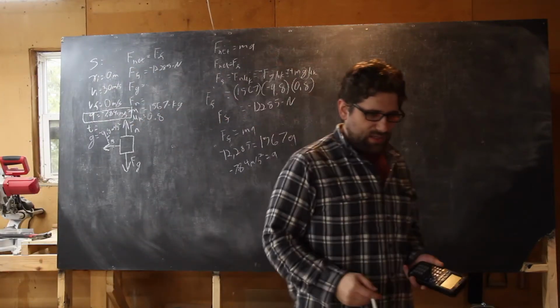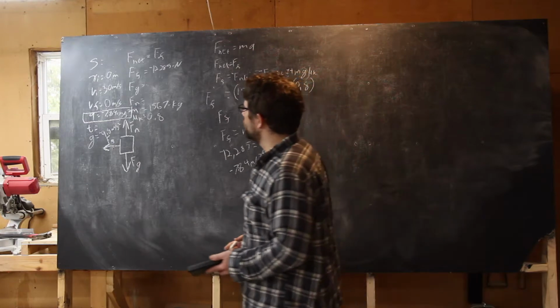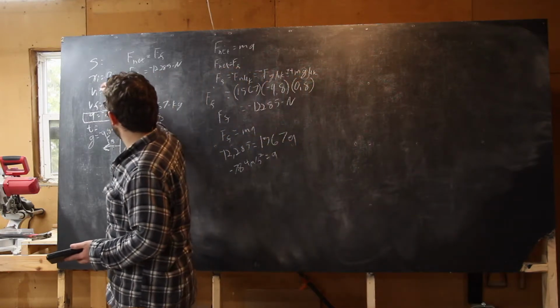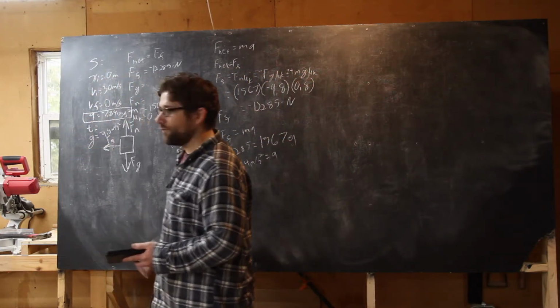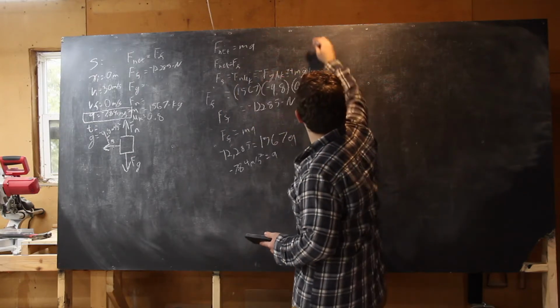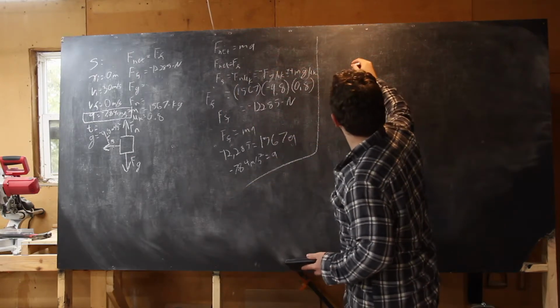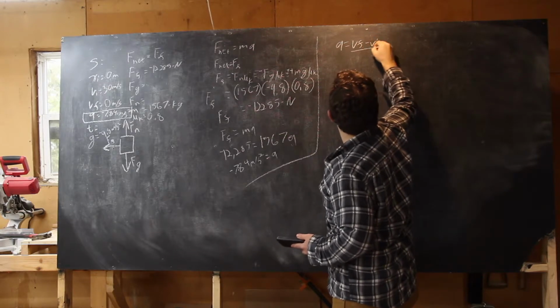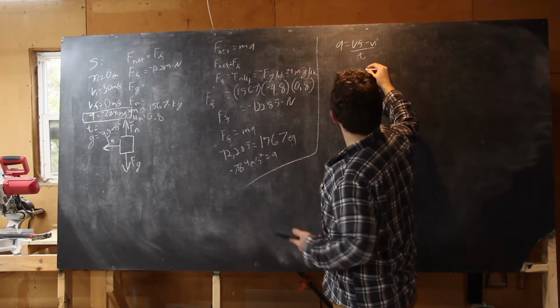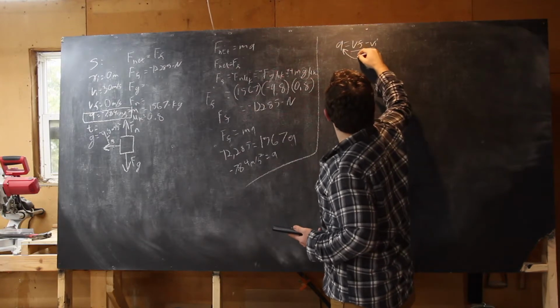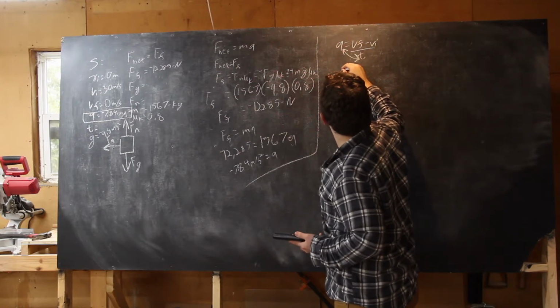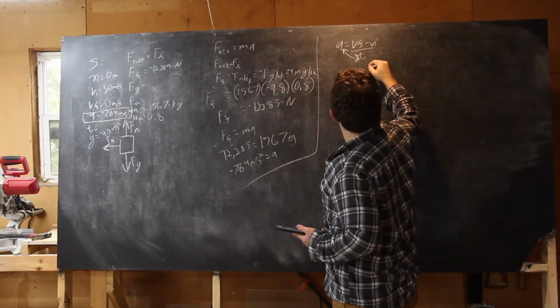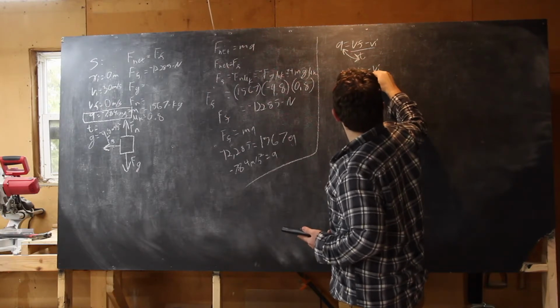And then the second thing is, how long does it take me to stop? So we're looking for time. Well, we have Vi, we have Vf, we have a. We're looking for t. That's our acceleration equation. Let's separate out that a is equal to Vf minus Vi over t. And we're looking for t, so we're going to switch these out. So t equals Vf minus Vi over a.